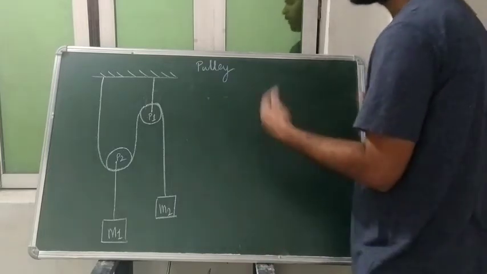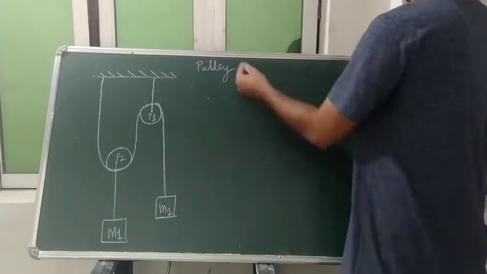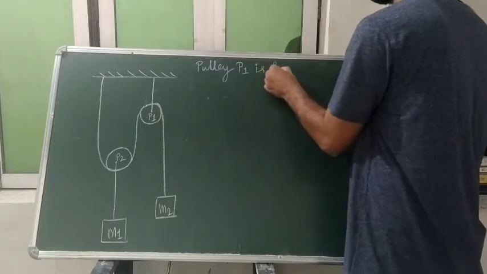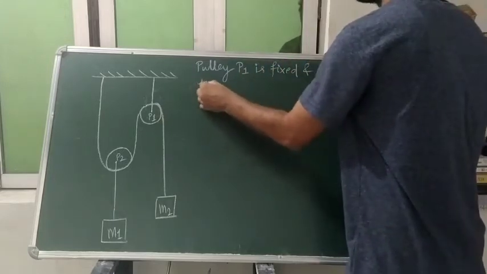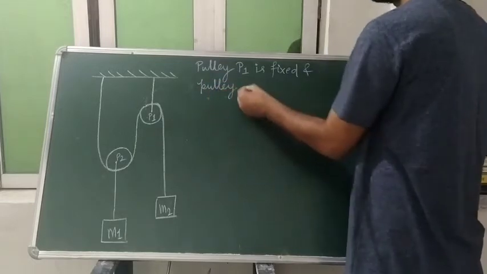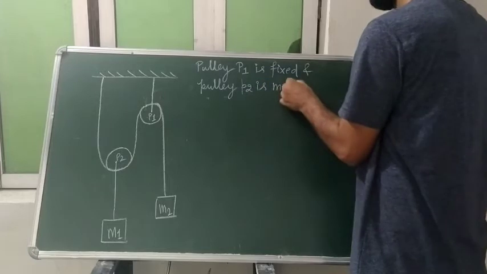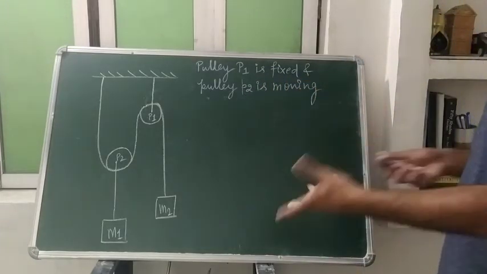You will have to imagine that. So pulley P1 is fixed, you are looking, and pulley P2 is moving. Of course, now we are moving to the problems which will involve the movement of the pulley as well.